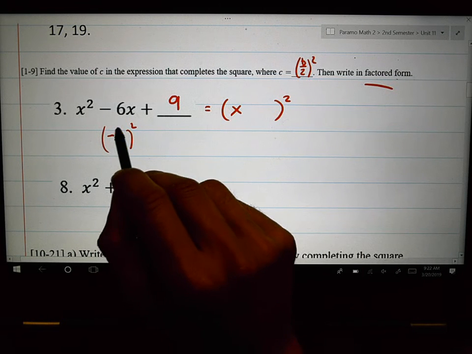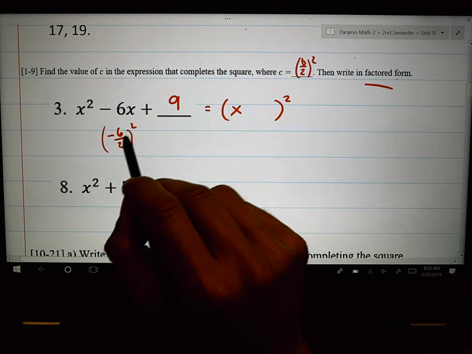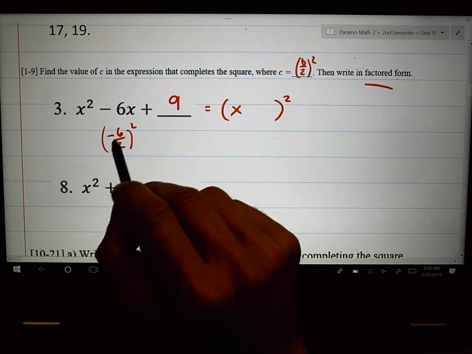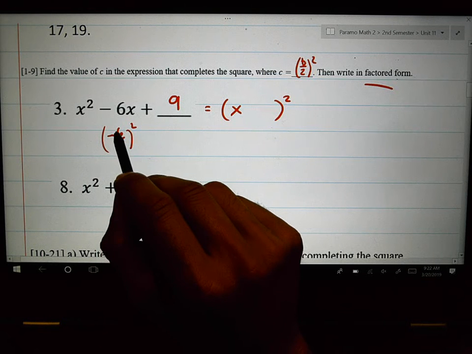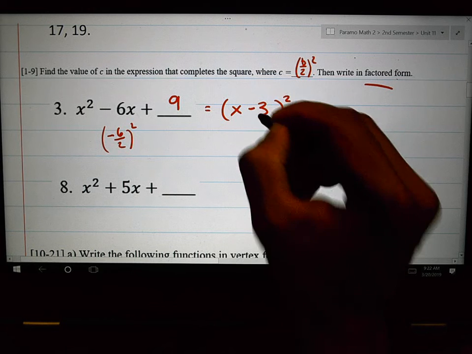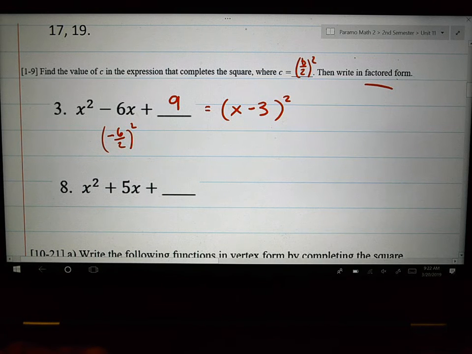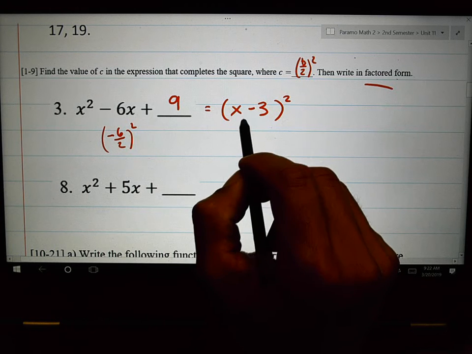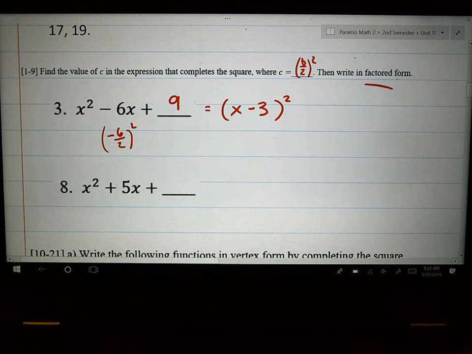It's this simplified, not the square part, but the B over 2. Half of 6 over 2 is negative 3. The negative sign makes this D value negative.